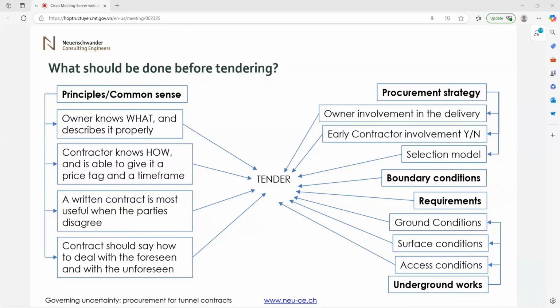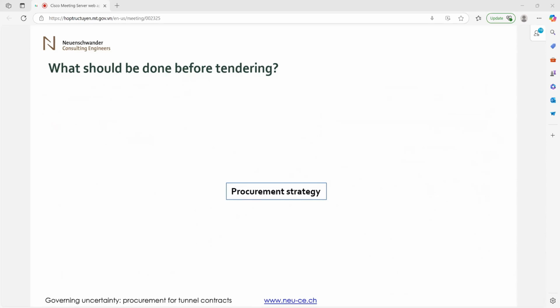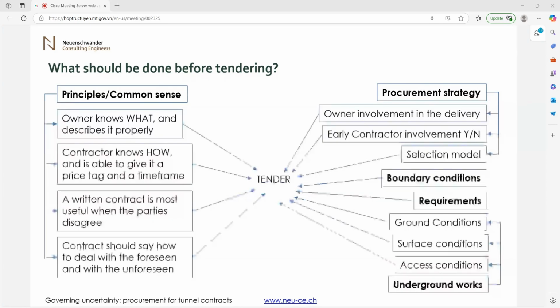Now, when we say that the owner knows what and describes it properly, when it comes to the excellent consultant, of course, everything starts with the choice of the consultant. I'm still talking about the owner knows what and describes it properly. I think Professor Gans said we need an excellent consultant.